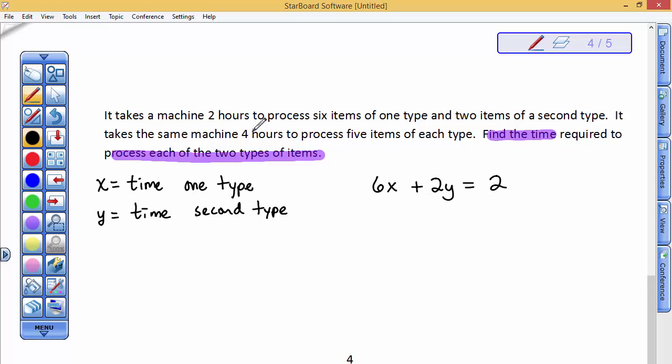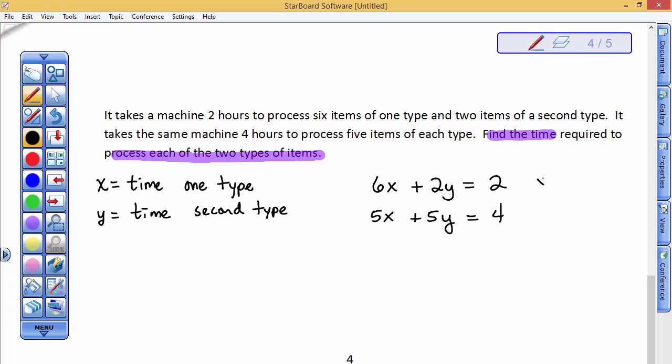It takes the same machine 4 hours, so over here 4 hours, to process 5 items of each type. So 5 of this one at so much time per item, and 5 of this one at so much time per item. And I'm just going to remind you of elimination. Say you wanted to make these both become 10s.